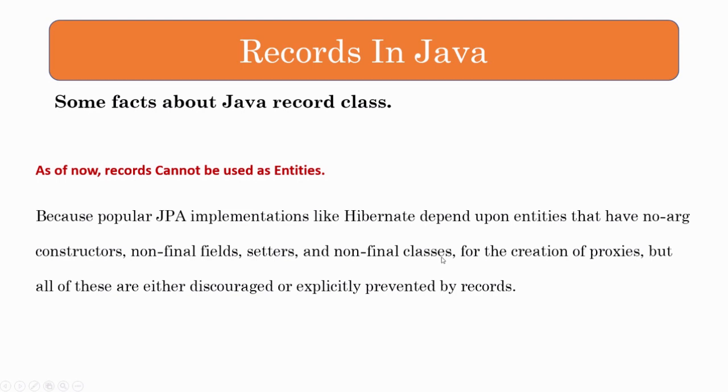That class must not be final, right? Because it will be subclassed by others and it will be modified. The data, the information there, will be modified from time to time. Because record is a final class and all the attributes are final, it cannot be used as an entity class for now. So this brings us to the end of our little talk on record.